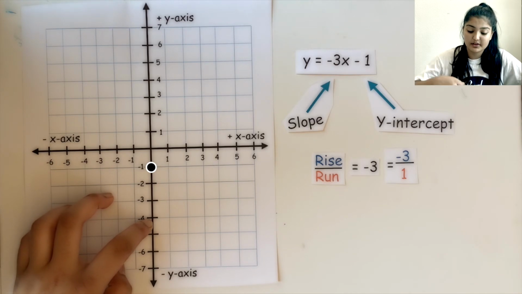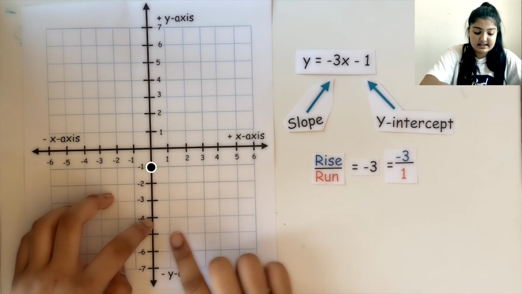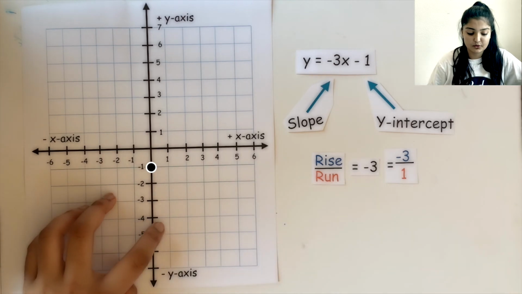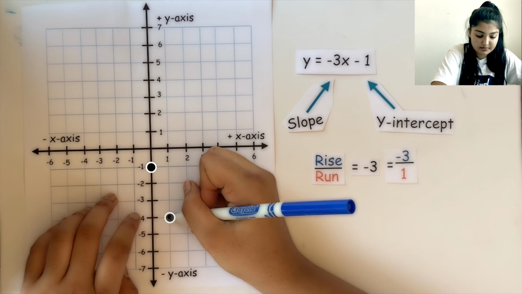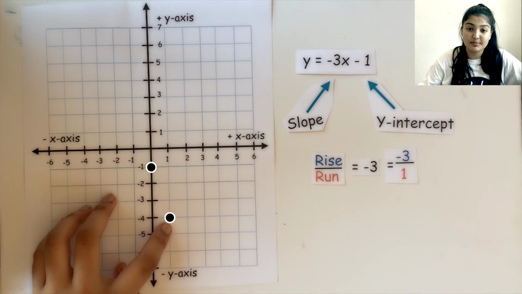From here, we run 1 unit in the positive direction. 1. So we can plot a point here.